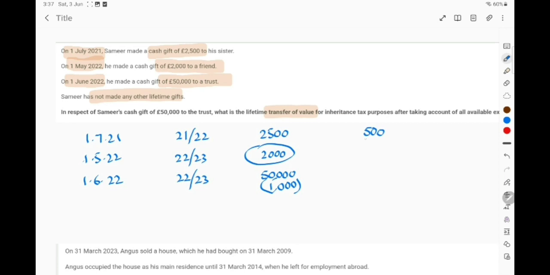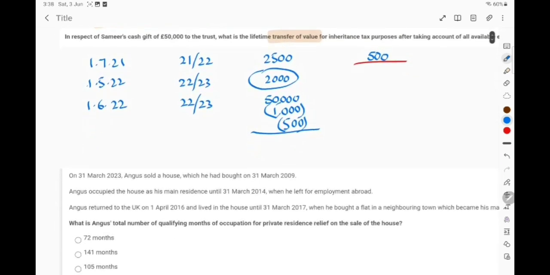And also the previous year's unused annual exemption of 500 will be used. So by subtracting this 500, the remaining amount will be 48,500. So that is the transfer of value.